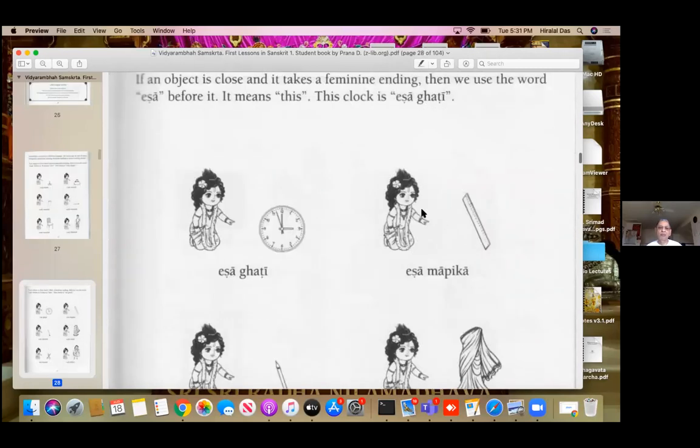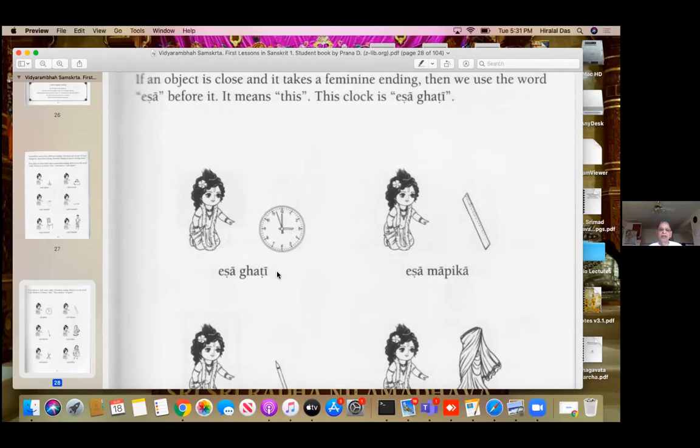Okay, in this page. So in feminine, in Sanskrit we call it esha. You see, instead of esaha for masculine, for feminine we use esha. So gati. So gati is feminine.